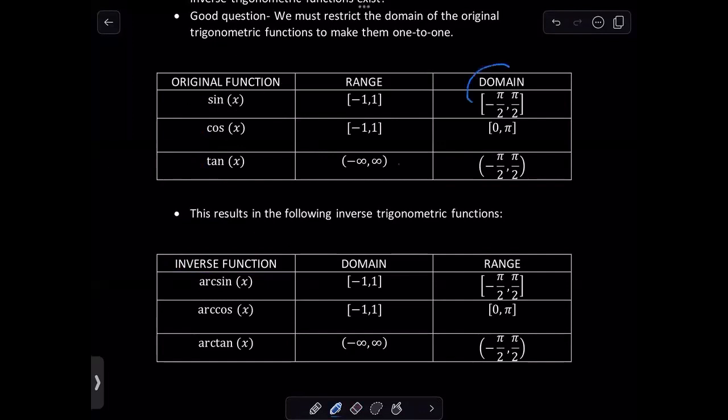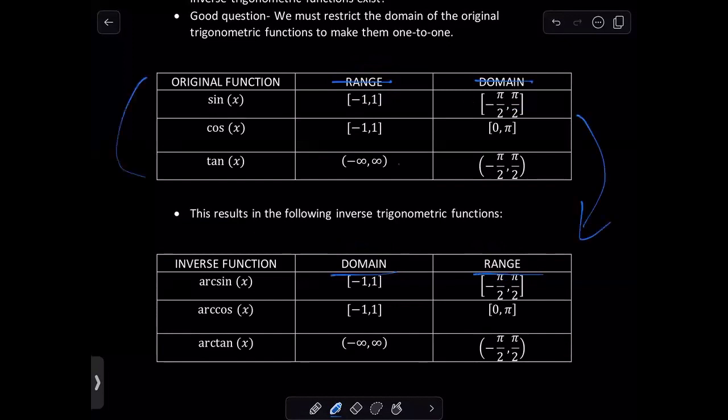The domain of the original function becomes the range of the inverse function, and the range of the original function becomes the domain of the inverse function. So all you literally have to do is scratch that out and write domain, scratch this out and write range. And that's how you go from table 1 to table 2.